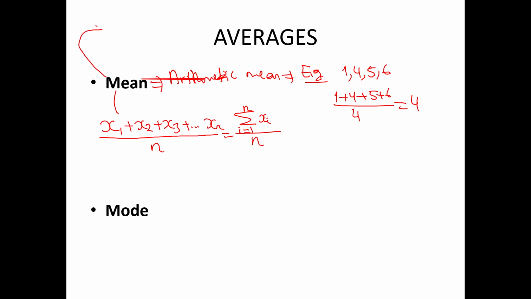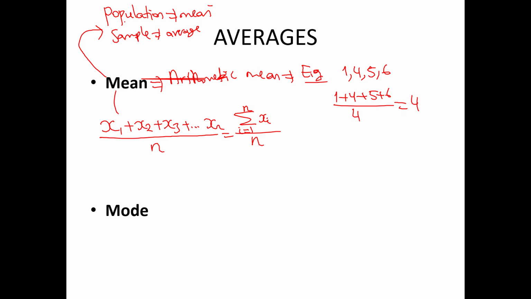The book says that if it is a population, we call it the mean, and if it is a sample, we call it the average. But the formula is the same.